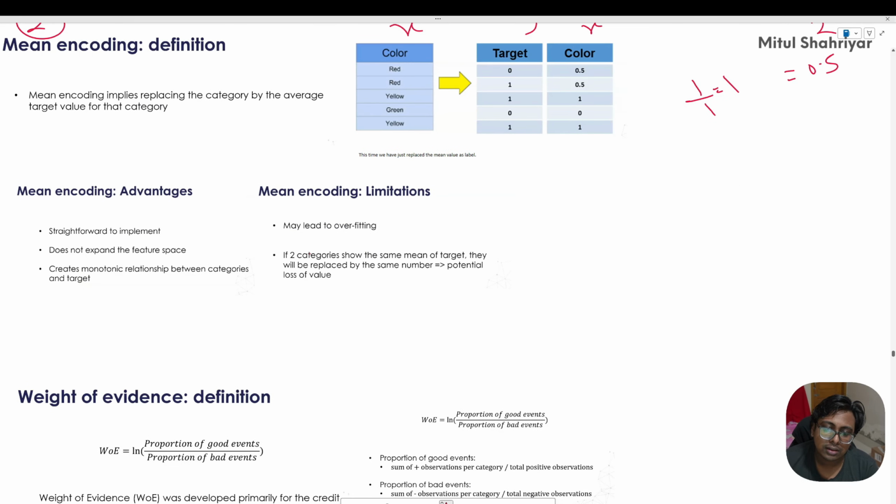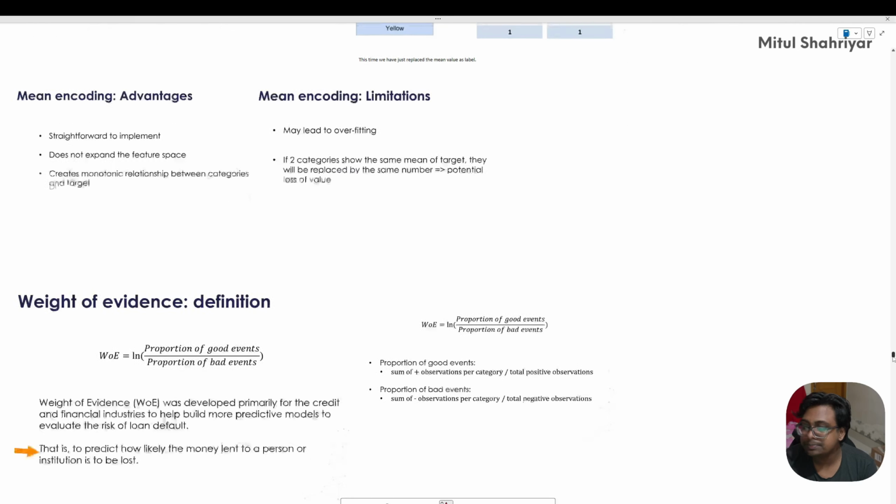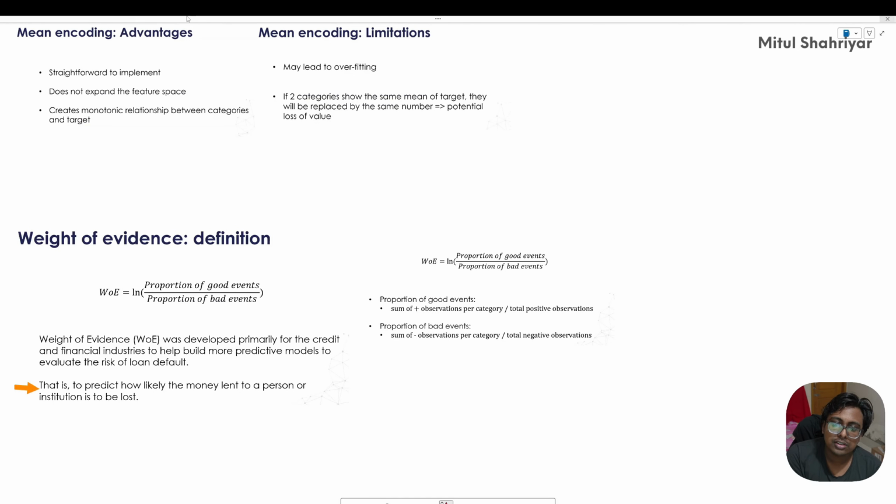The advantage is again straightforward implementation, it does not expand the feature space, that's good, and we have some monotonic relationship. Limitations: may lead to overfitting just like the other one. If two categories show the same mean of the target, they will be replaced by the same number, a potential loss of value. This is interesting. If there are multiple categories or labels which have the same mean, then that is an issue, because assume red had 0.5, and black is there and it has 0.5.